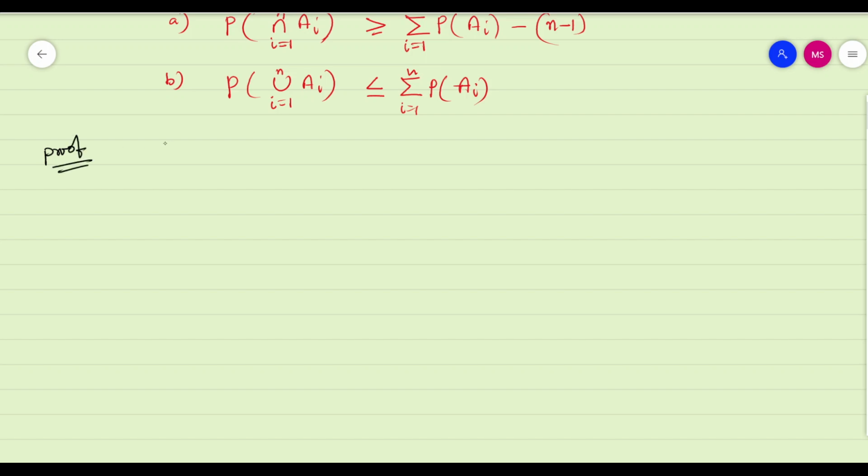We shall prove this theorem by using the principle of mathematical induction, correct?